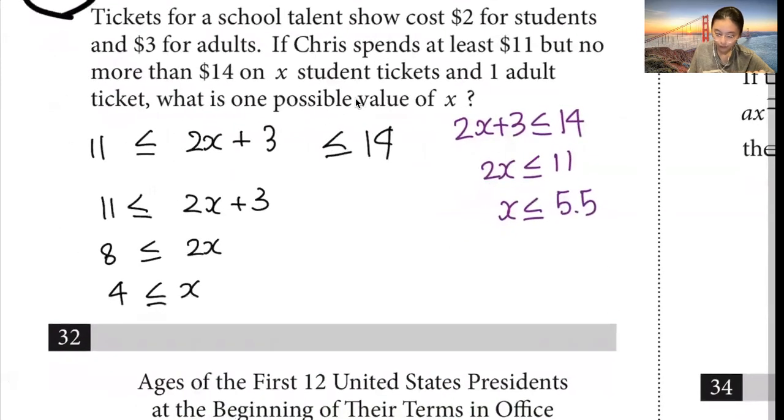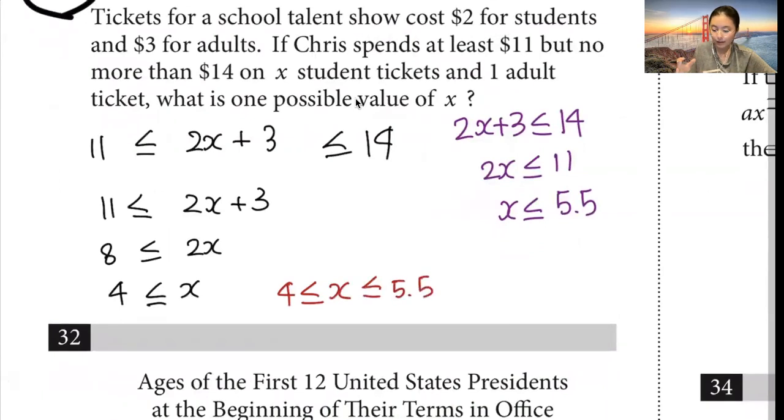Okay, so we know that both x's are the same. It's the x student tickets, right? So we just merge them together back again. And you should be getting 4 is less than or equal to x is less than or equal to 5.5.